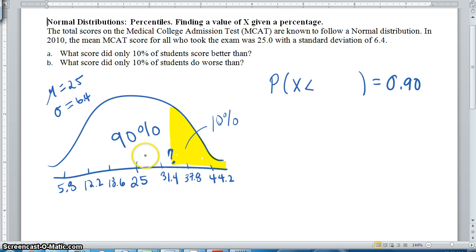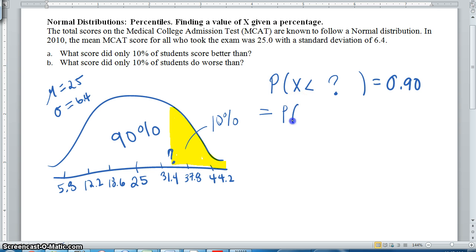We typically want to deal with the lower half or the percentile when we're using the standard normal table. So the probability that x is less than some mystery number, let's just call this something, is equal to 0.90.